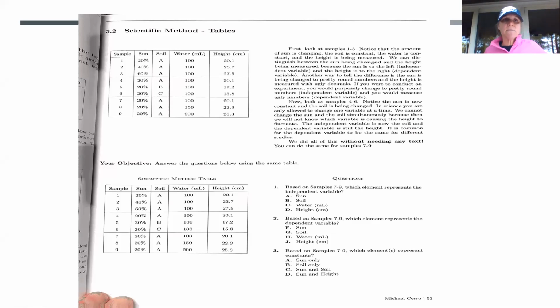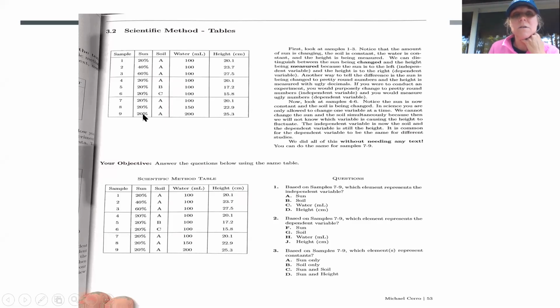You have scientific method tables, and remember how we said the independent variable is generally to the left on a table, and the dependent variable is generally to the right. Another way to think about that is that when you're actually controlling the variable, you're generally going to control it in nice round numbers.